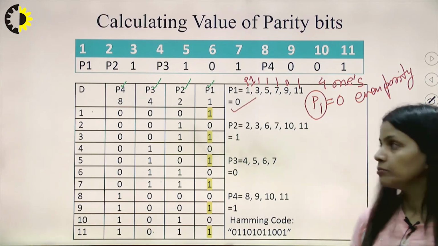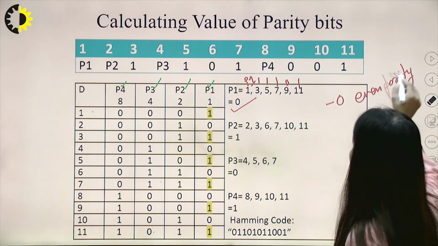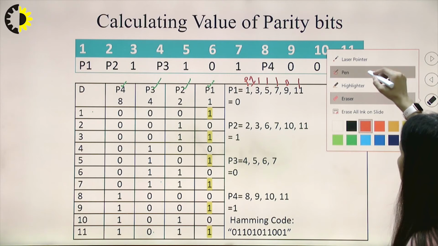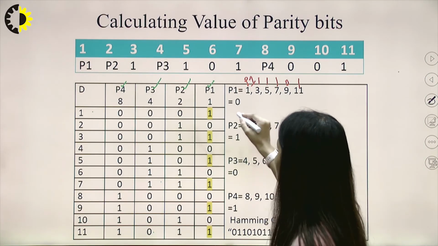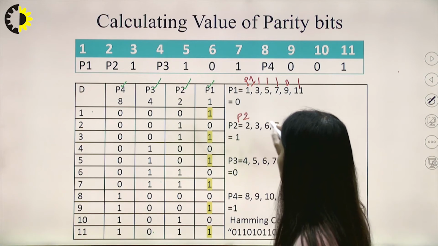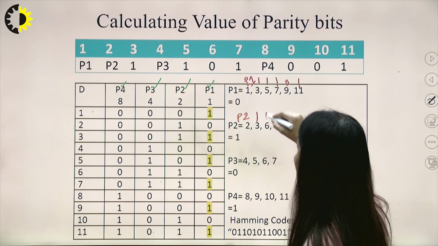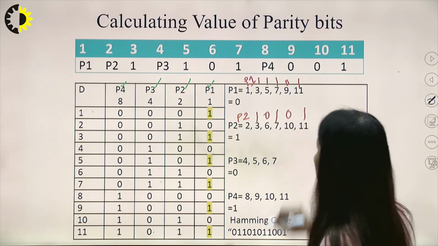Okay. Similarly, I will write all the numbers for this one. This is P2. 3 is again 1. 6 is 0. 7 is 1. 10 is 0. 11 is 1.